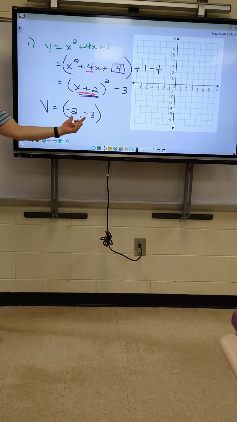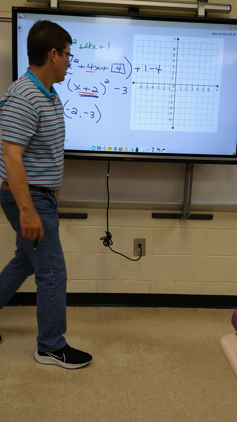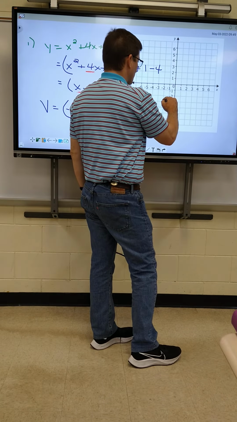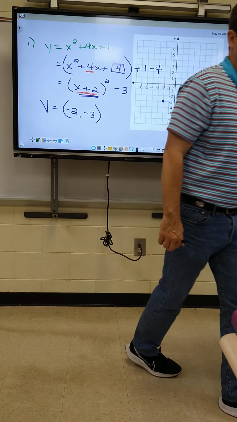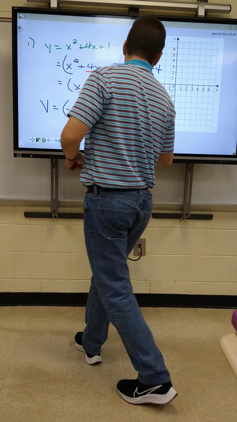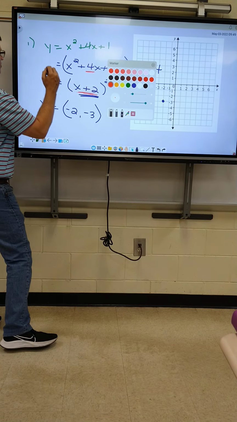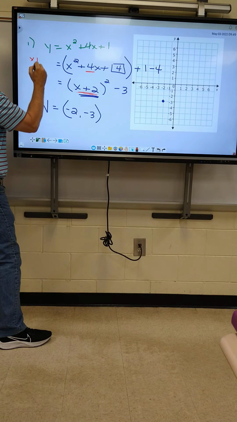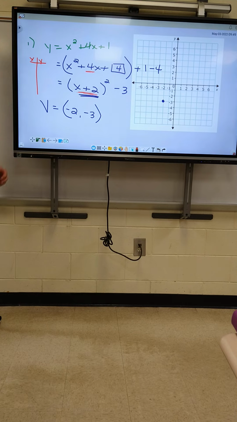Okay, now let's graph this on the graph over here. Go to negative 2, negative 3, everybody put a point. Negative 2, negative 3, put a point. All right, now for the rest of the problem, it's what we did about 6 weeks ago, maybe 8 weeks ago. We've got to plug in 4 points so we can graph it, know what the parabola looks like.